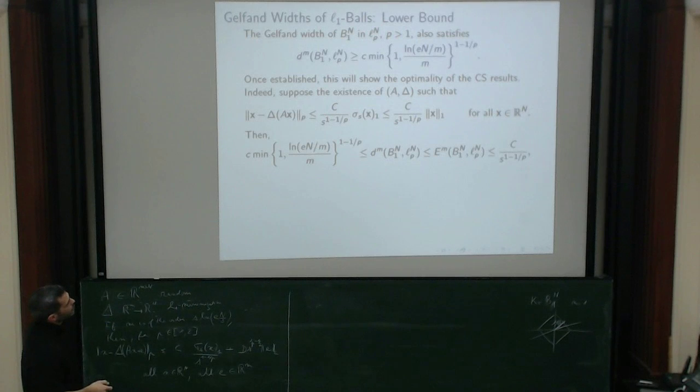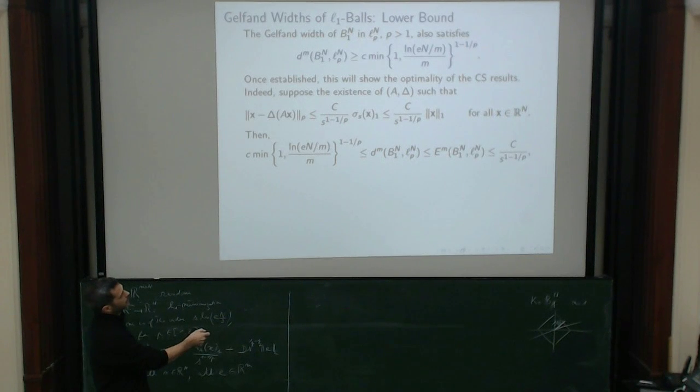And then if I'm looking at Em, in this case, it is, for the same reason as before, smaller than C over this power of S. But Em is larger than the Gelfand width, which we've said, let's assume that we know that it is larger than that. So what happens is that this minimum is smaller than some constant over 1 over S when we get rid of the powers.